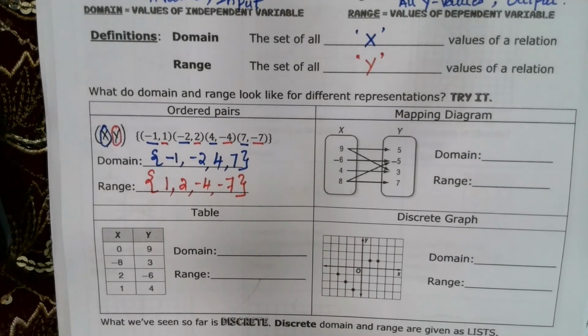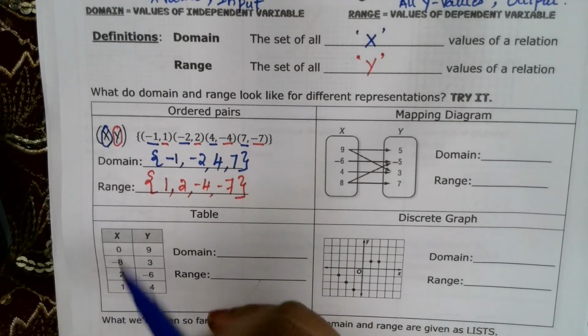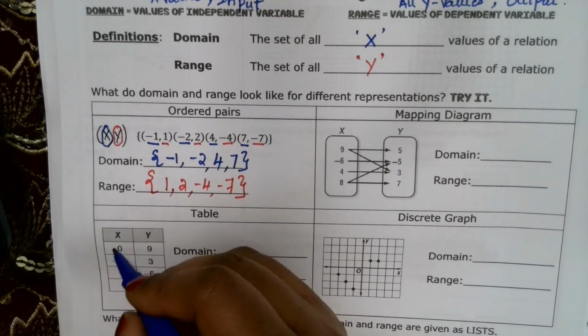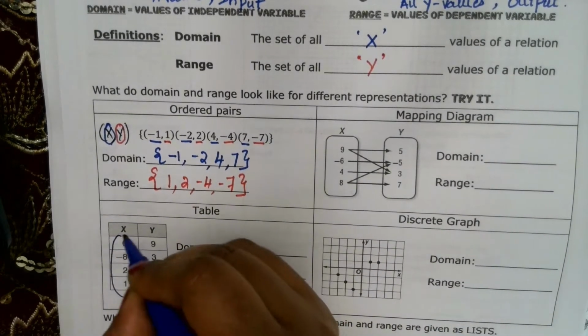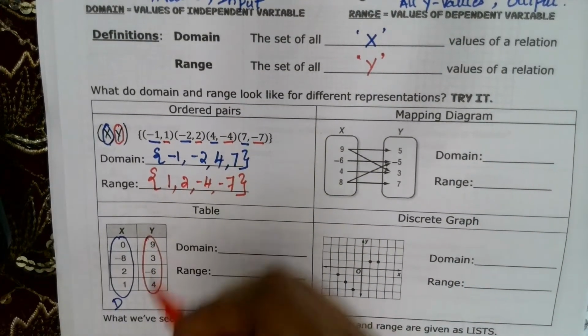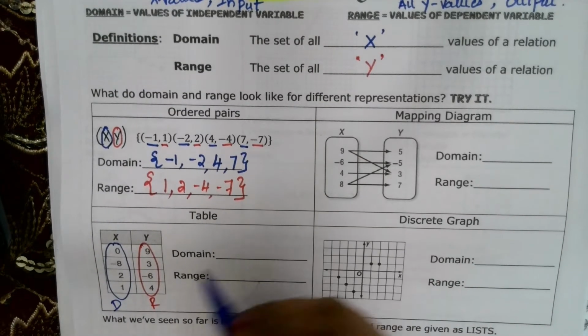Moving down into a table. A t-table always talks about x values first and y values next. So domain would be all your x values, and then all your y values are your range. Let's put them down in the blanks over here.